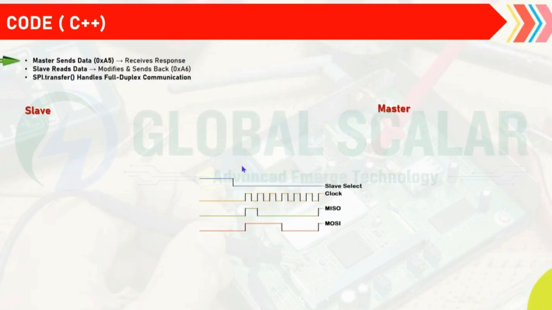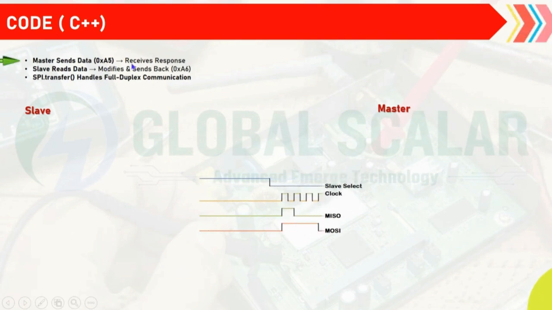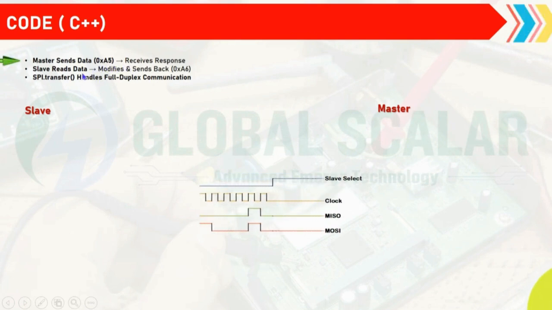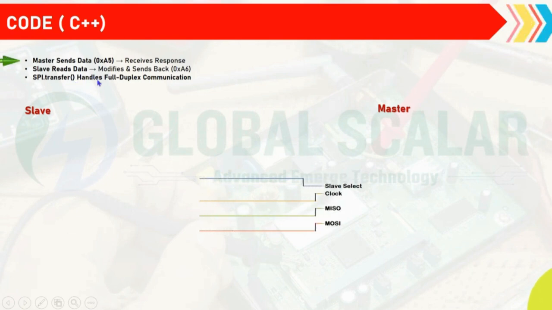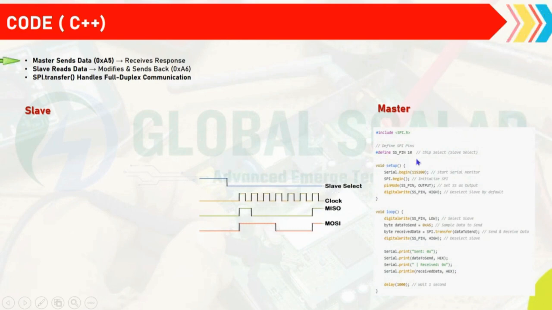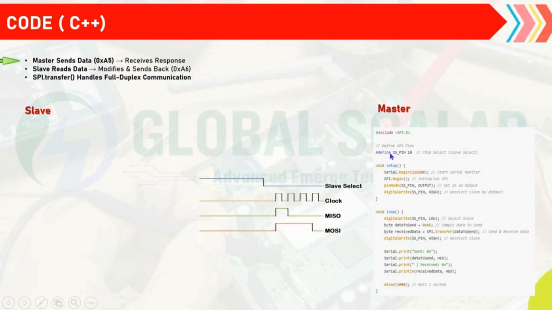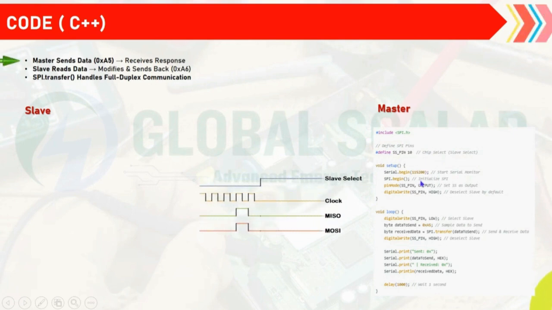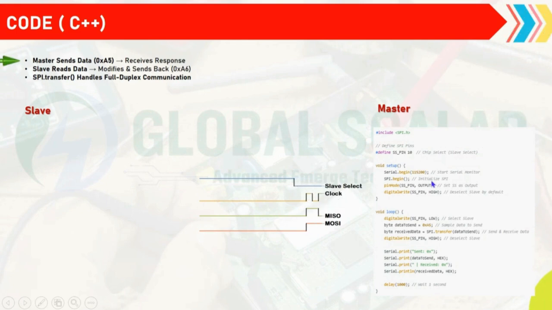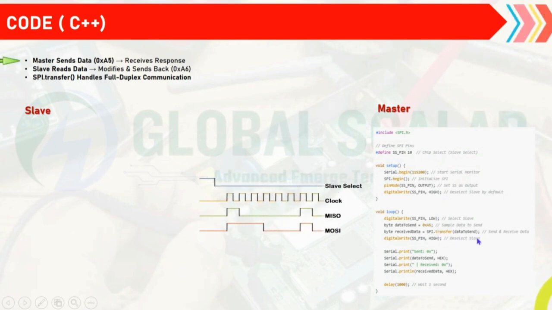And coming to the code, the master sends the data and the slave reads the data, and SPI does full duplex communication. How it happens is, the master is the one we configure with respect to the chip select, as we define the pin we chose, and we are initializing the SPI, and this is the output pin mode. Next we are going to send some data.